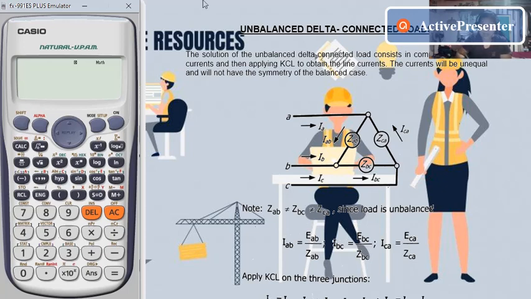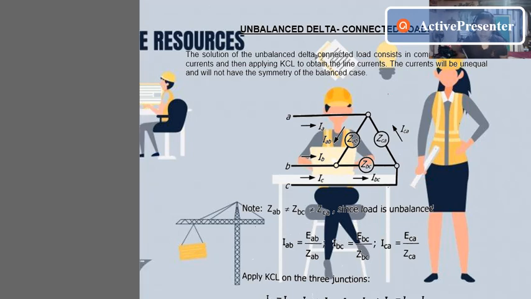So we have our figure. When we say delta, we have a figure just like a triangle, and from A we have B and C. Here the currents travel, which are IA, IB and IC.